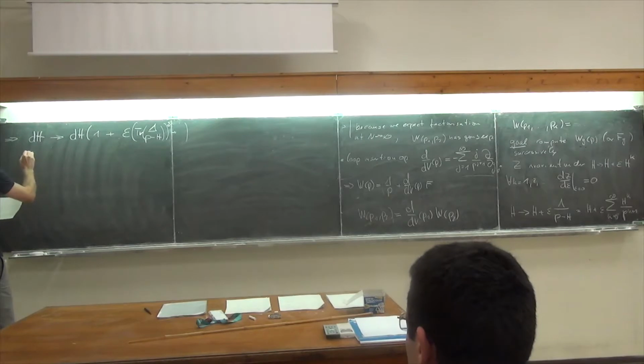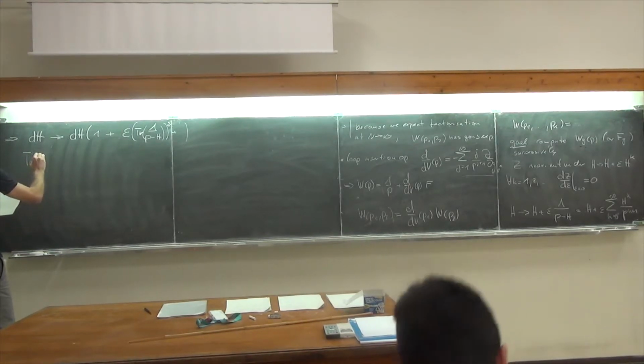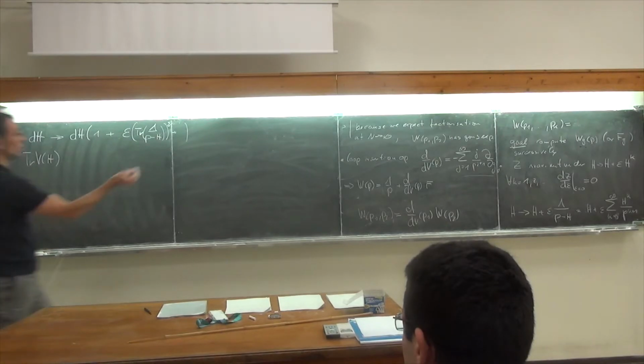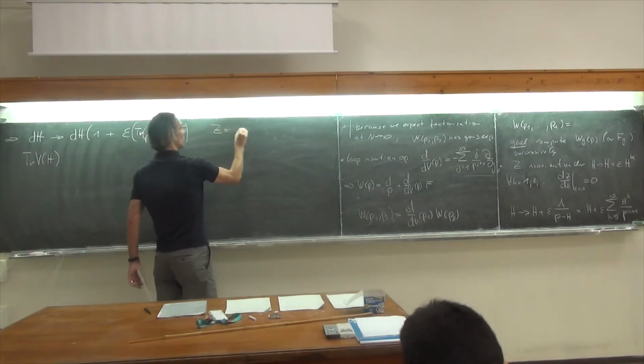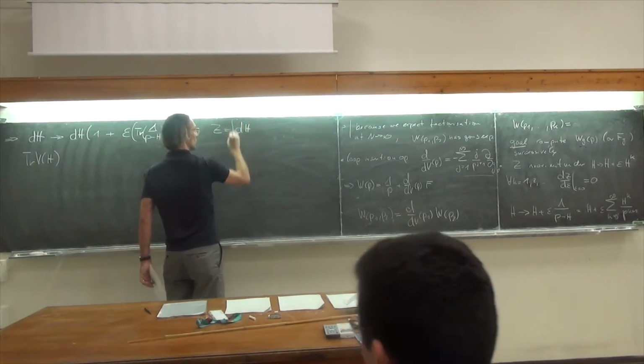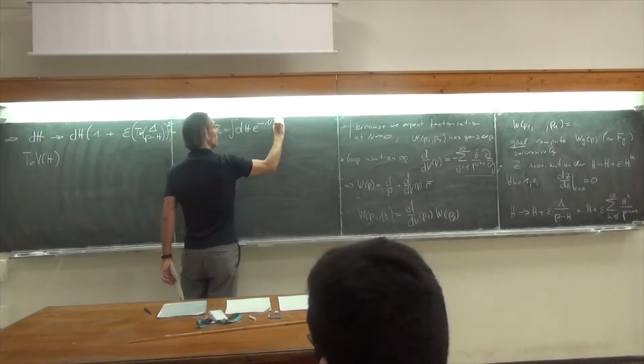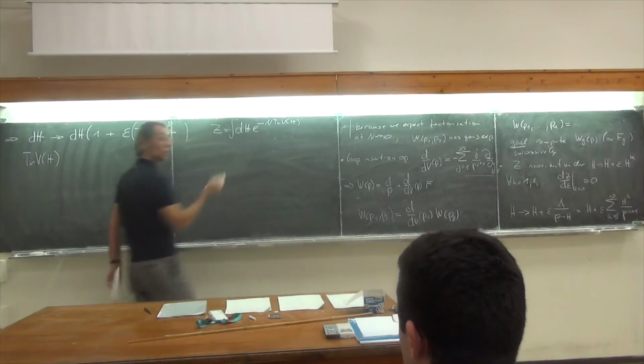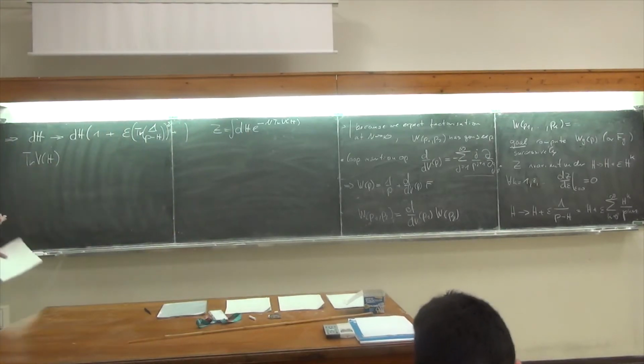And that also the trace V of H, and that's all we have in the partition function, right? And we have that dH e to the minus N trace V of H. So we have to look at how this changes and how this changes, and then we get an equation.